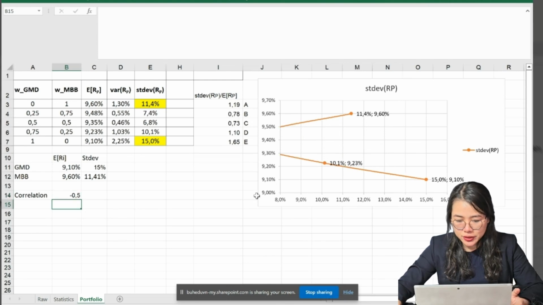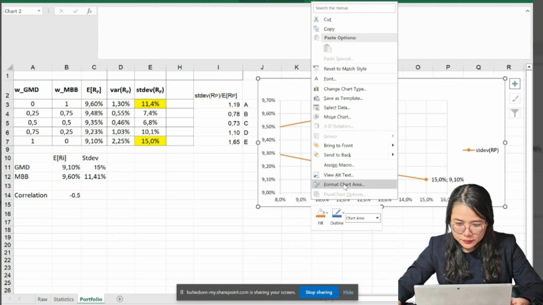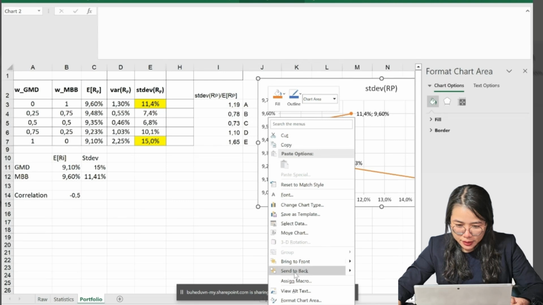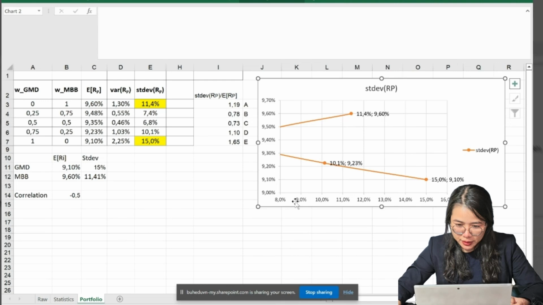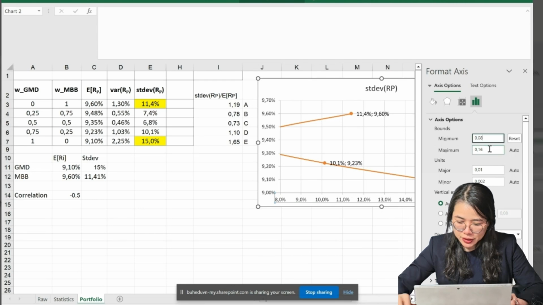Okay, I had to adjust the graph in order to see the line. This would be for this axis. So here, remember, this axis begins from 8%.